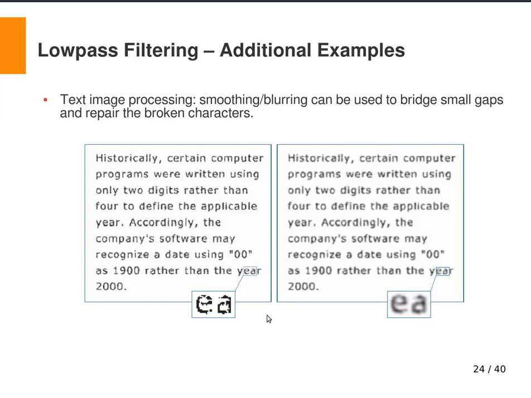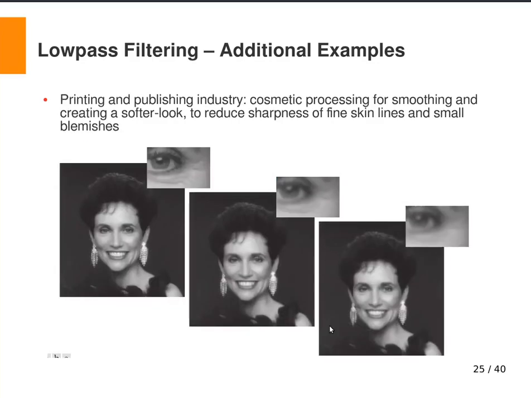By applying a low pass filter, even though we smooth the image, it is still recognizable. And as you can see, if we zoom at the same section, there are not many gaps between the different parts of the character. So that can help a lot when we are using automated systems for character detection.